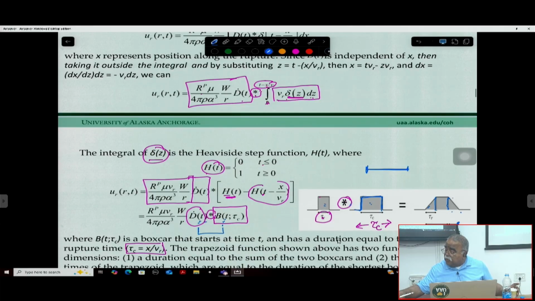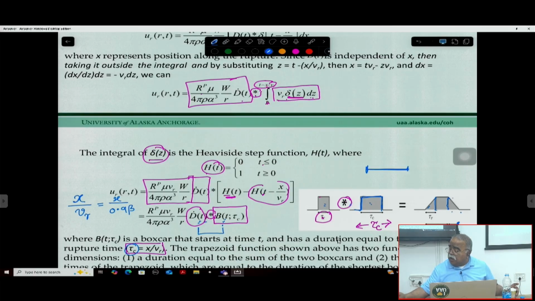So the boxcar function starts at time t and has a duration equal to the total rupture, that is TC equals x by VR. So if you know how far the station is and what is the velocity of rupture, the velocity of rupture means it is approximately 0.9 of the velocity of the P wave, then x divided by that gives you the TC value.